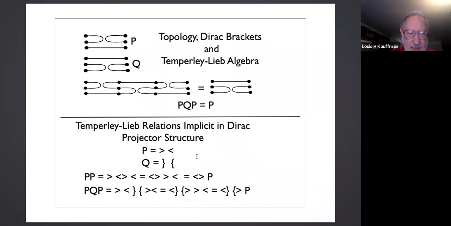Temperley-Lieb brackets are reminiscent of Dirac brackets. In Dirac, you have brackets like this, which go horizontally. And when you multiply them, they turn into projectors. In this case, half of a bracket like this, a ket bra, would represent a vector.